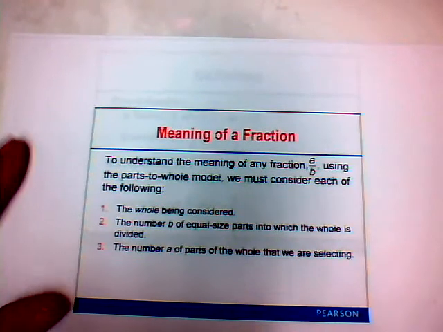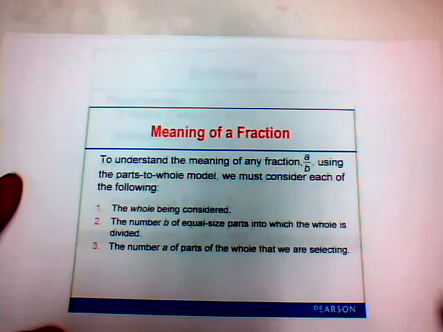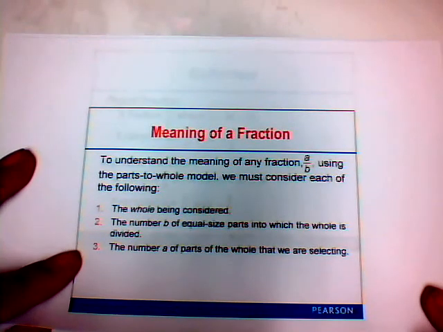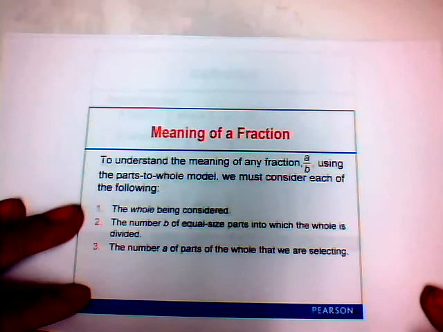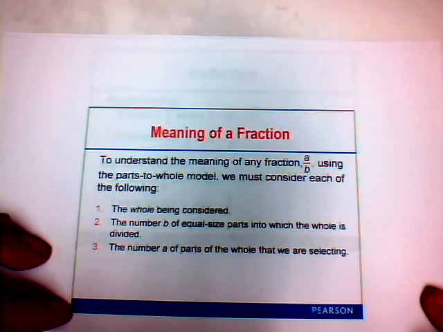Okay, let's look at the meaning of a fraction. To understand the meaning of any fraction, A over B, using the parts-to-whole model, we must consider each of the following. Here are the 3 things that we must consider. One is the whole being considered. Number 2, the number B, which is your denominator, of equal sized parts into which the whole is divided.